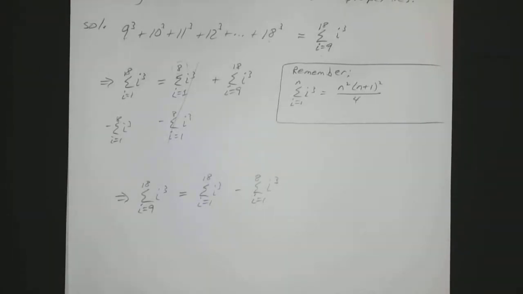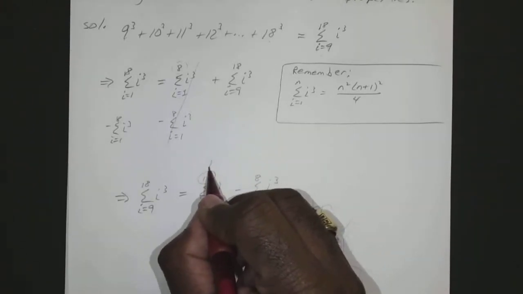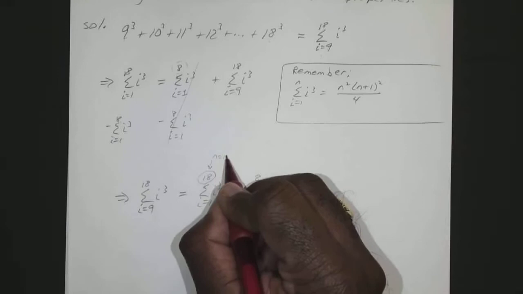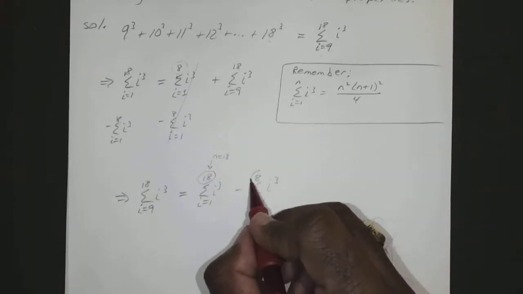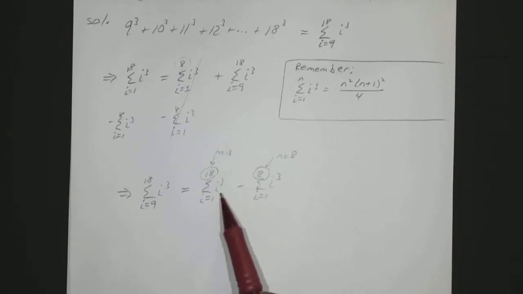Okay, so now we can use this formula because we now have both of these with a lower bound of 1. But for this one here, our n is equal to 18. But for this one, our n is equal to 8. But they're both i to the third.